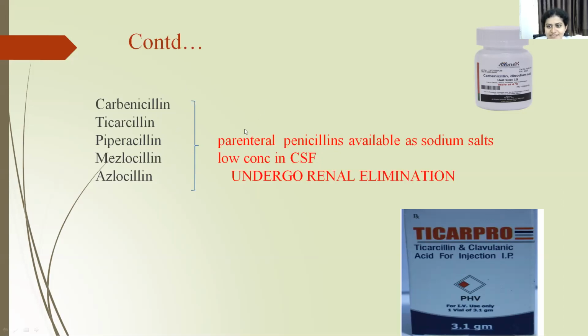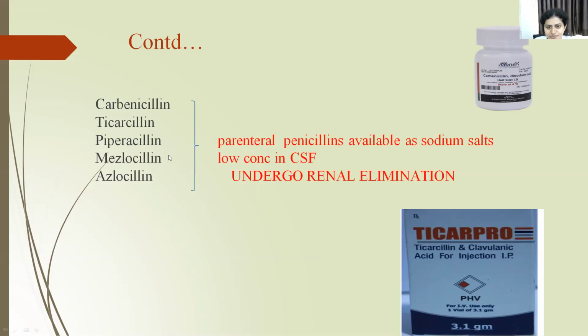They are also extended spectrum penicillins, but the only difference is that they are given parenterally because they are acid labile. Also, as already told, carbenicillin and ticarcillin are the carboxypenicillins, and piperacillin, mezlocillin, and azlocillin are the ureidopenicillin group. And remember, these are called anti-pseudomonas penicillins because they act against Pseudomonas aeruginosa organisms.